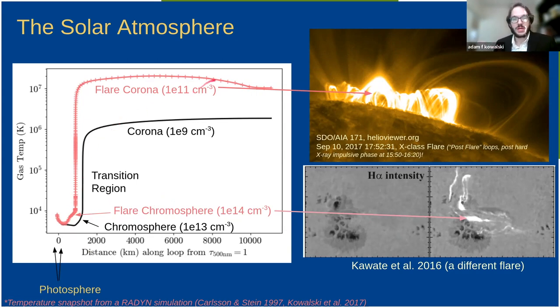We can attribute the flare corona to the really spectacular images of flare loops that light up very brilliantly in the later phases of a flare typically. So here's a well-studied flare on the limb, and then a different flare looking face down shows you the H-alpha line, what you see when you observe at lines that are sensitive to lower temperatures.